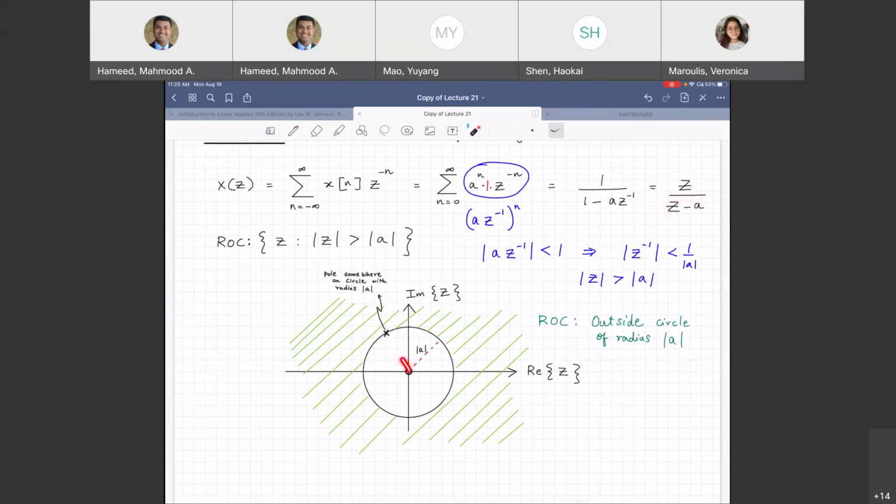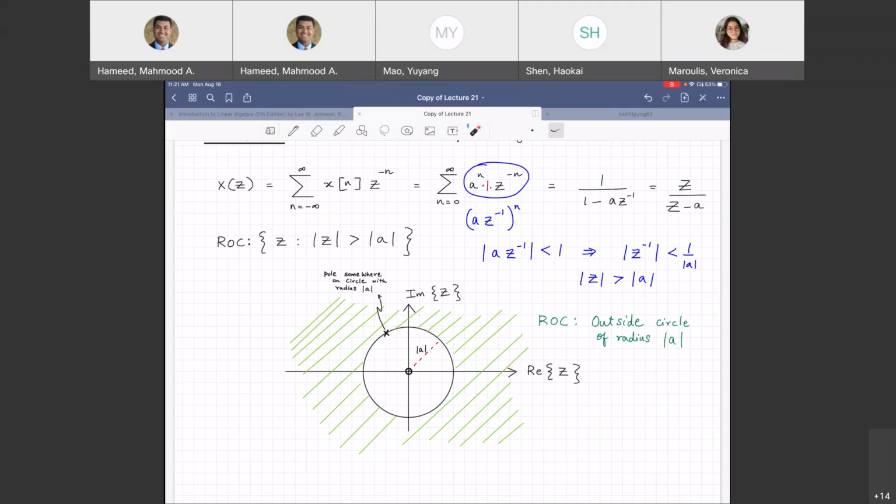The distance from this origin to that is going to be magnitude of a. And the ROC is going to be sketched such that all the complex numbers that are beyond that pole, outside of that circle whose distance away from origin is magnitude of a, that's going to define your region of convergence.